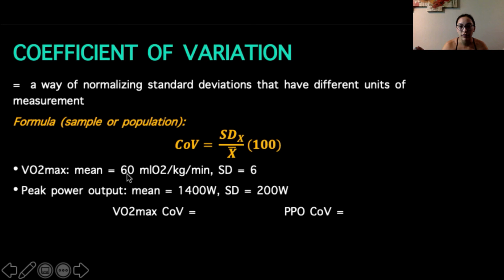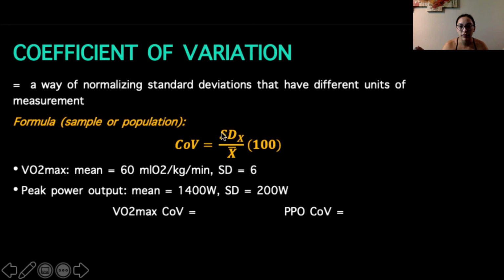They have a mean of 60 milliliters of oxygen per kilogram per minute and a standard deviation of plus or minus 6. We also maybe measured their peak power output, and the mean is 1400 watts with a standard deviation of 200 watts. These units are very, very different. You have some relatively small numbers in one variable, relatively large numbers in another variable.